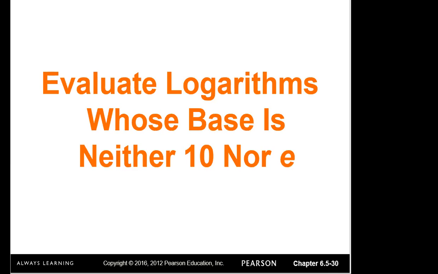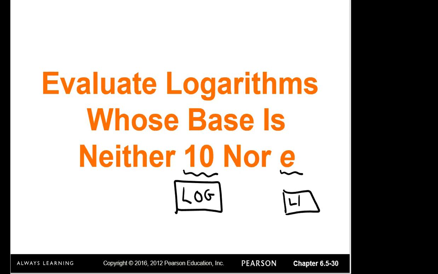The last thing on this was evaluating logarithms whose base is neither 10 nor e, because in your calculator, base 10 is the LOG button, and base e is the natural log button, because this is really log base 10, and this is really natural log base e.